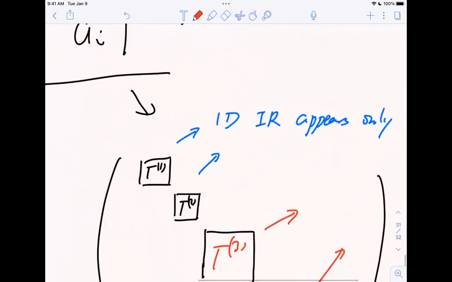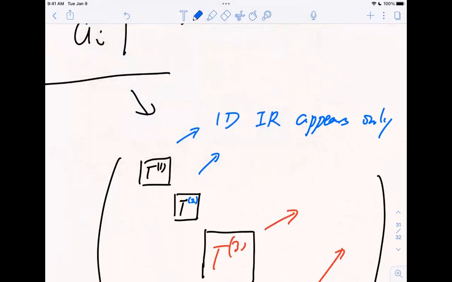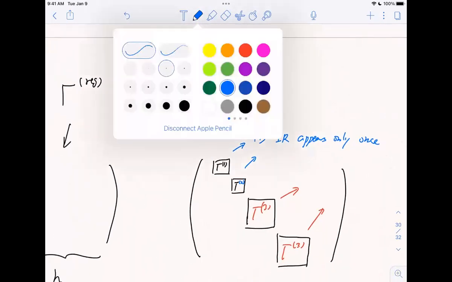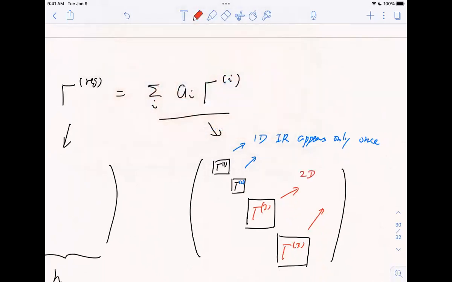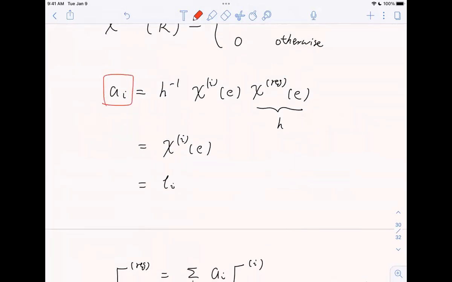I should use a different color. These are 2. Okay. So 2D irreducible representation appears twice, because A_i equal to the dimension. Okay, equal to the dimension.